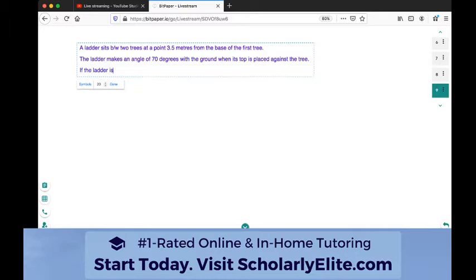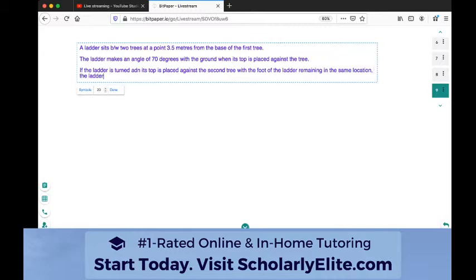If the ladder is turned and its top is placed against the second tree, with the foot of the ladder remaining in the same location, the ladder makes an angle of 66 degrees, as shown in the diagram.